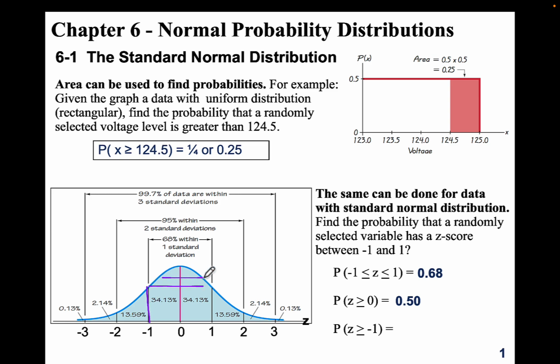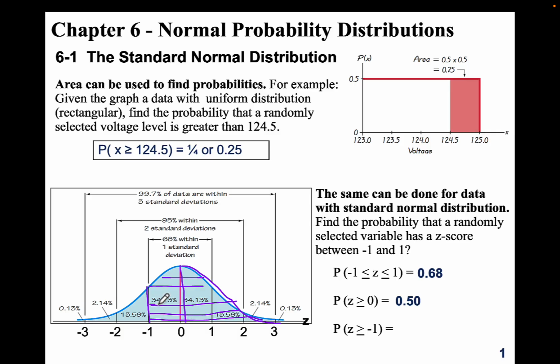So it's going to be all of this stuff. So just using what we had from the last one, this is half. We know all of these right here added up to half of the bell, or 50%.